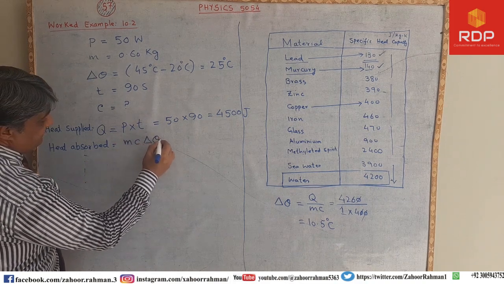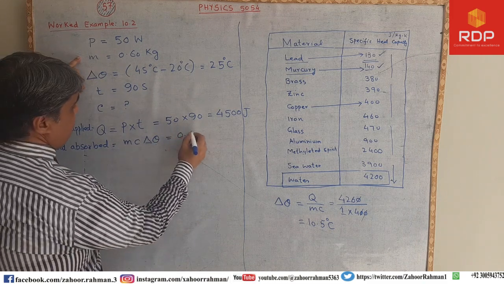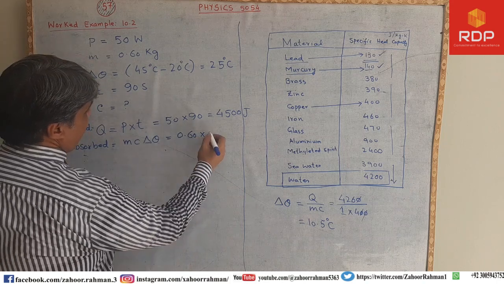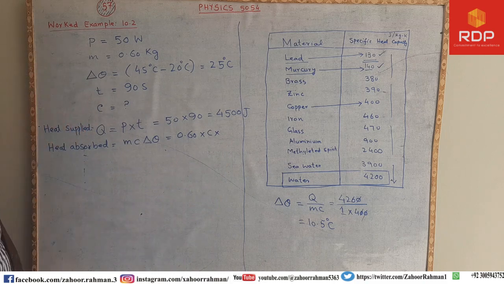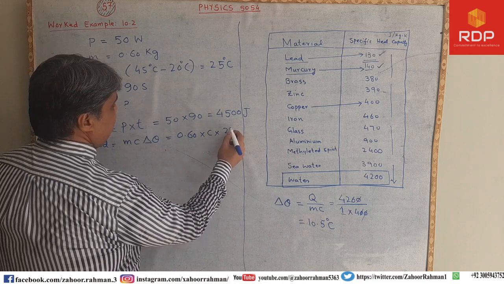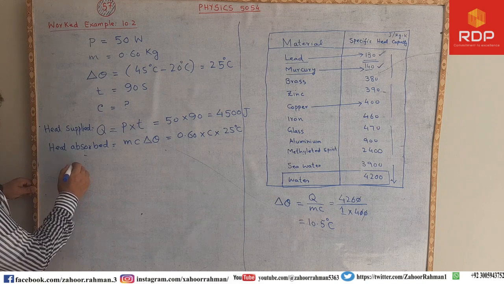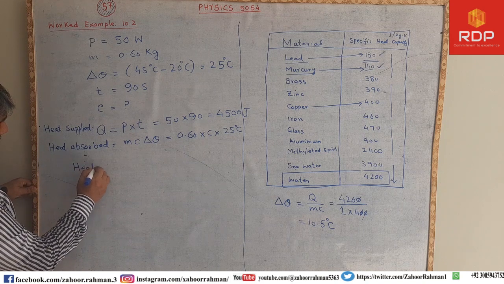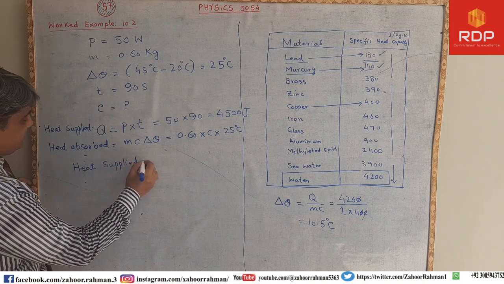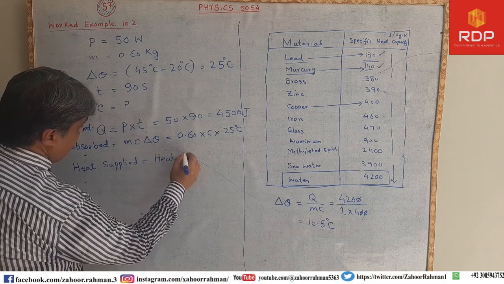mc delta theta, and m is given as 0.60. c we have to find, and delta theta is 25 degree Celsius. So whatever assumption we made, heat supplied is equal to heat absorbed.